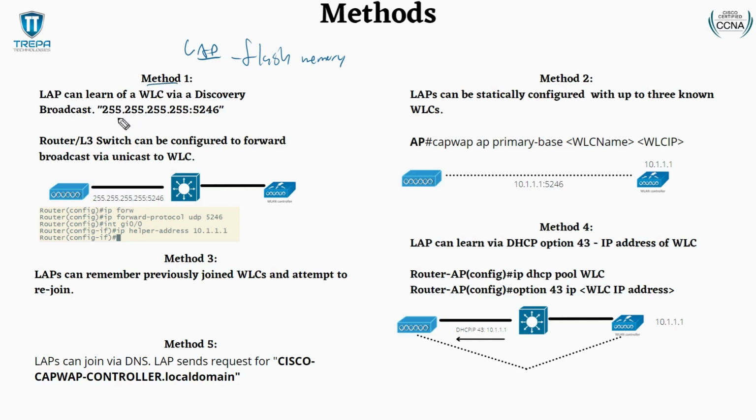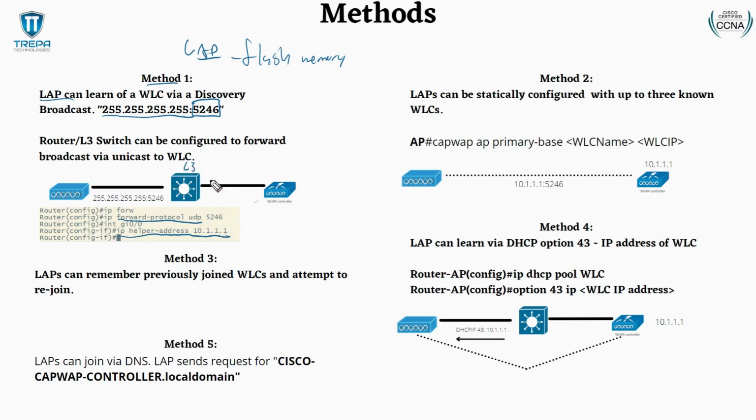So method one is it's going to just send a broadcast. So all 255s, if we're doing IPv4, and it's going to attach that CAPWAP control port number. And then if that wireless LAN controller is sitting outside of the lightweight access point's broadcast domain, you can also set up an IP helper address with this command coming before it, ip forward-protocol udp 5246.